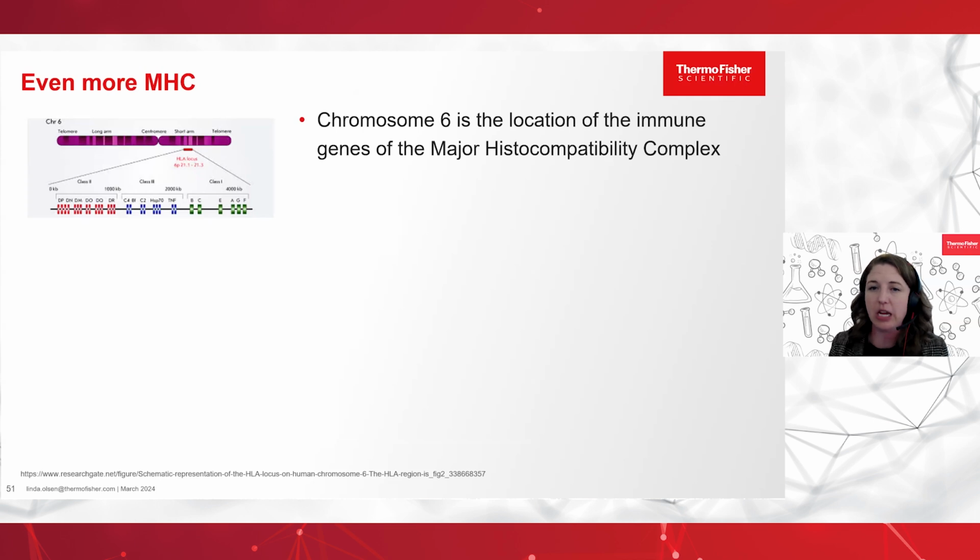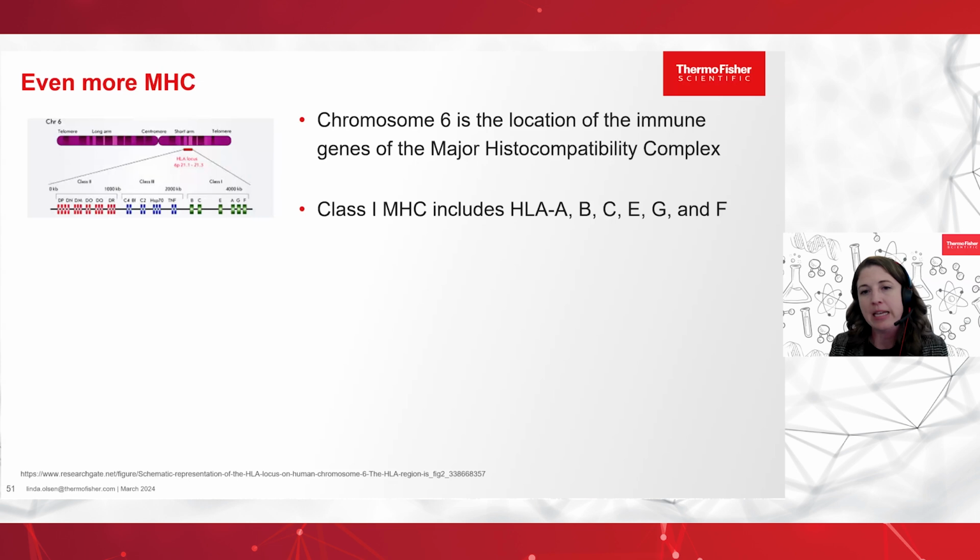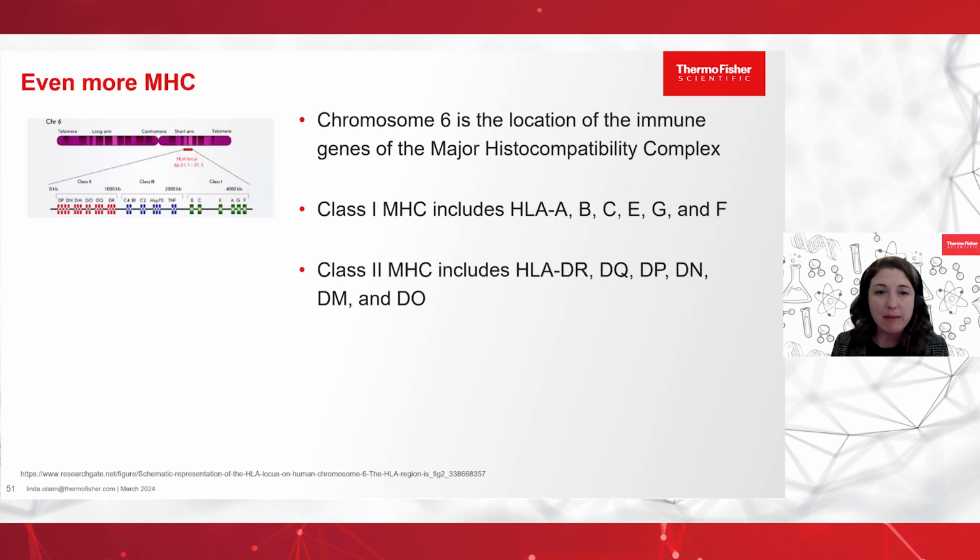So that is the location of the immune genes of the major histocompatibility complex. Class 1 MHC includes HLA A, B, C, E, F, and G. Class 2 MHC includes HLA DR, DQ, DP, DN, DM, and DO.